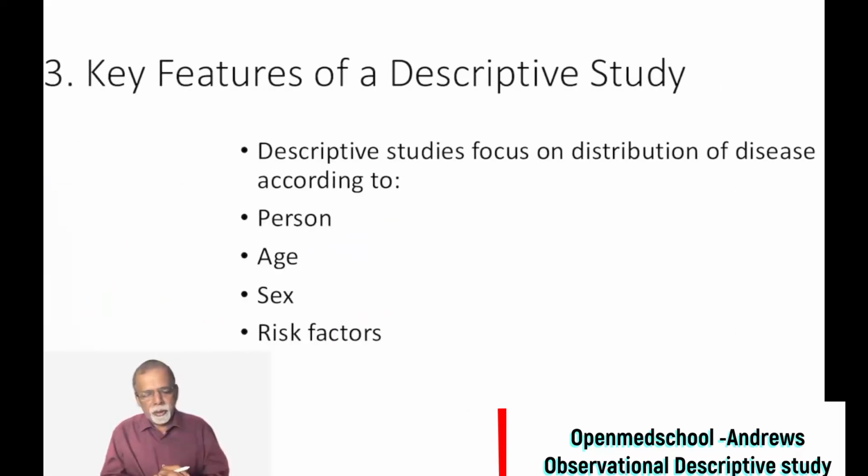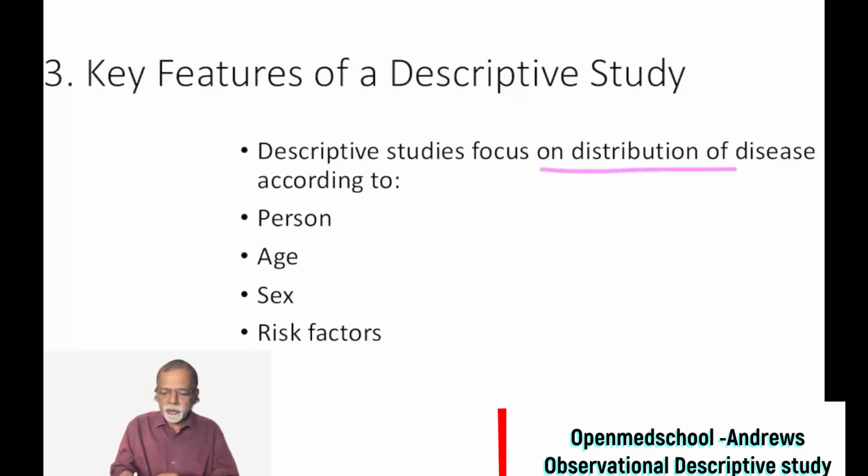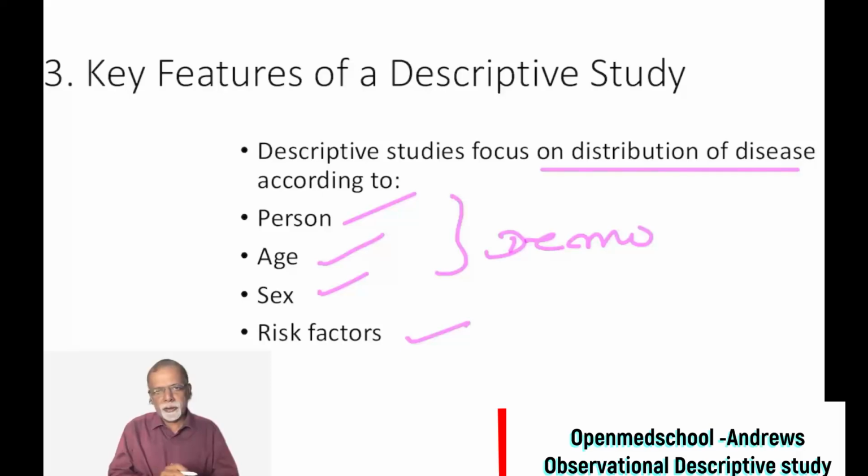Now, we look into what the key features of a descriptive study are. Descriptive studies focus on distribution of disease, that is according to person, age, sex. The demographic features are described, and also you look at the risk factors.